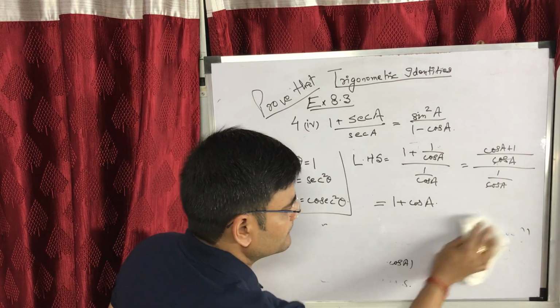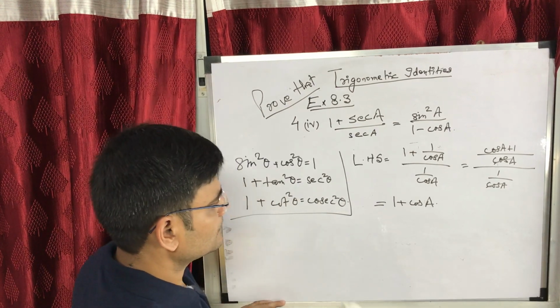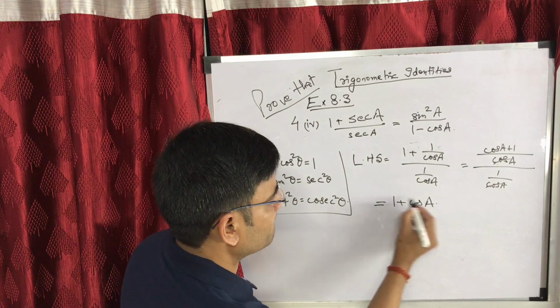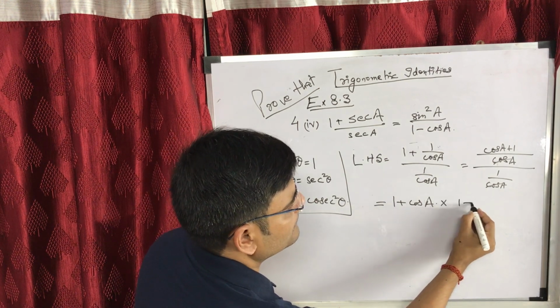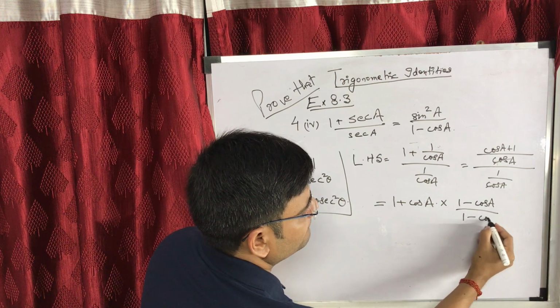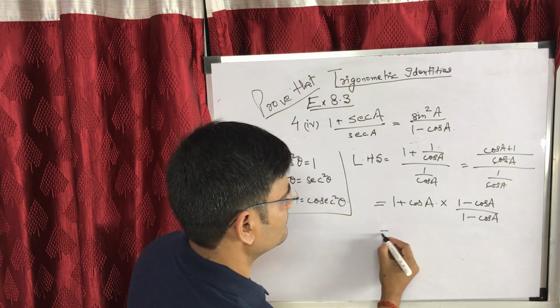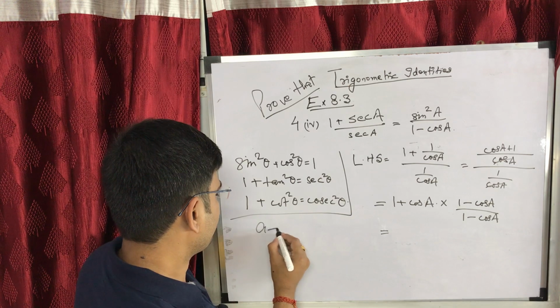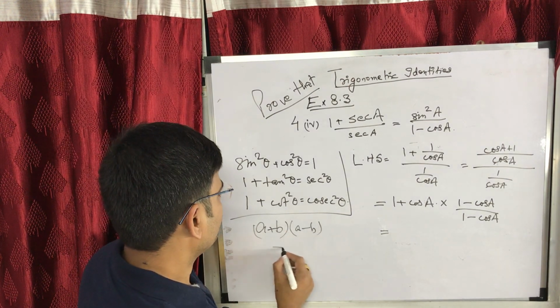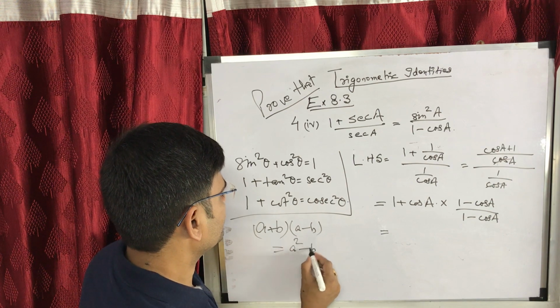The other way is you multiply numerator and denominator with 1 minus cos A. There are several ways to solve the problem. A plus b into a minus b is equal to a square minus b square.